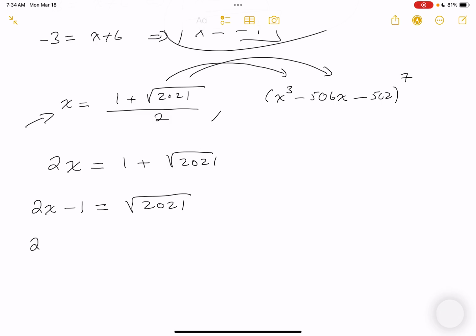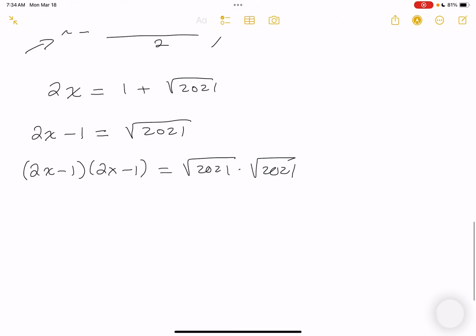What do you get? You get 2x minus 1 times 2x minus 1, and then you get the root of 2021 times the root of 2021. Well, this doesn't look that bad to do. You get 4x squared, then you get minus 2x, which is minus 4x, then you get plus 1. And over here you get 2021.